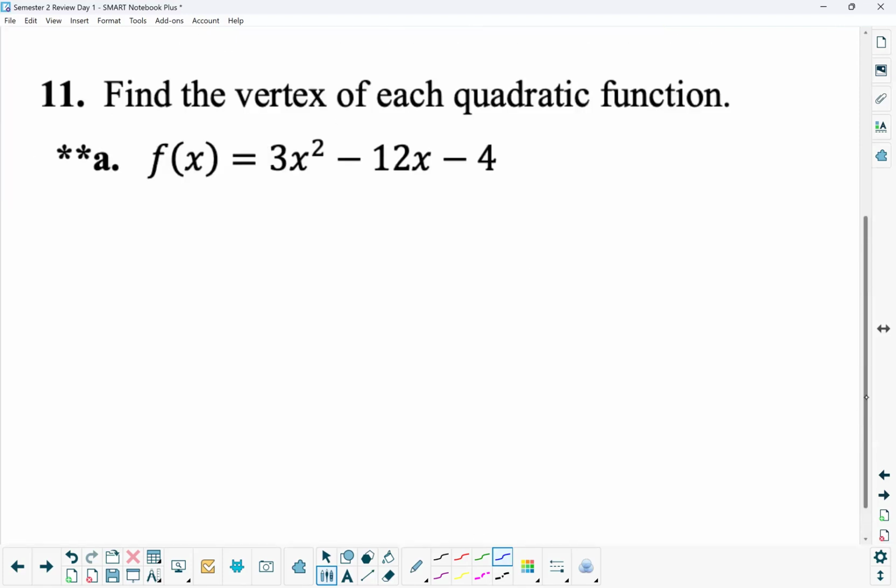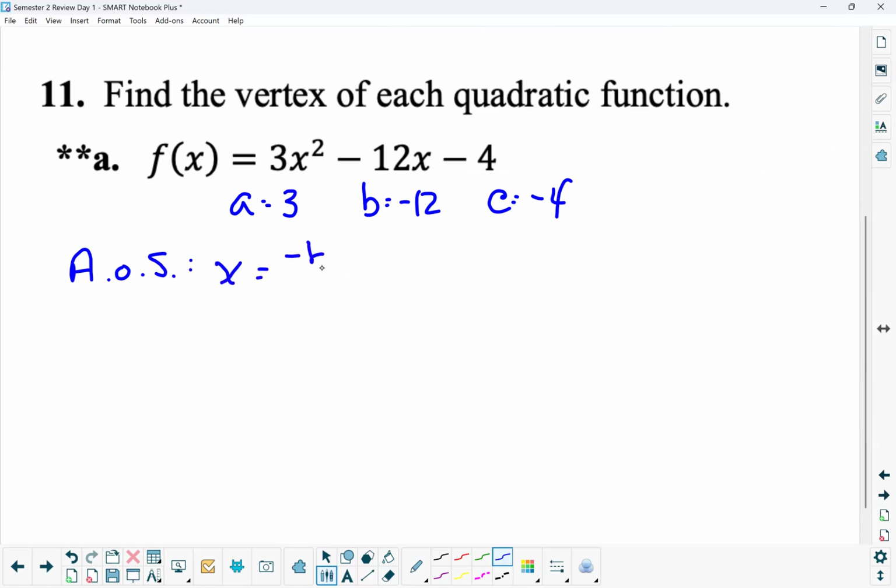So here we're just trying to find the vertex. So I would list A, B, C. A is 3, B is -12, C is -4. In order to find the vertex, the first thing I need to do is find the axis of symmetry.